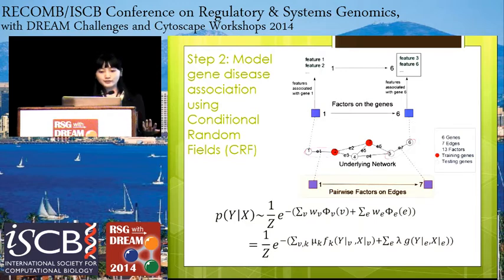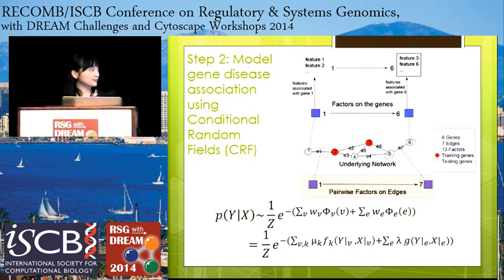We model that using the summation of all the features here, and we weight that. The weight we use is extracted from the enrichment, so it reflects the importance of certain features.